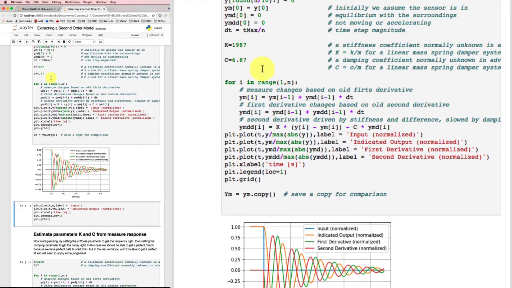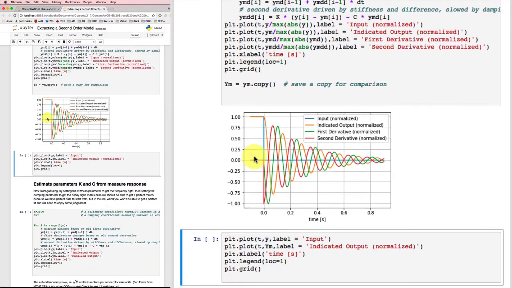Numbers I just picked out of the air. And they're giving oscillations that are some fraction of a second in period. I'm going to save the performance of that one. That's our data. I'm going to save that away in this capital YM measured values array here.